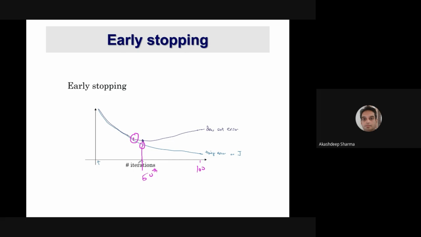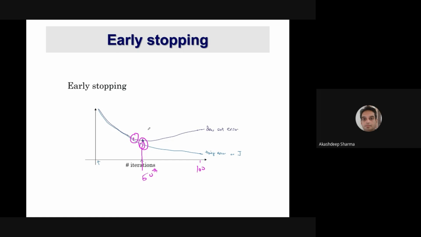At the 50th iteration, the error between training set and dev set may be minimum. It means the weights here gave me a good result for both training set error and testing set error. So you can tell your learning algorithm to stop early, when the validation error is minimum. You stop there.